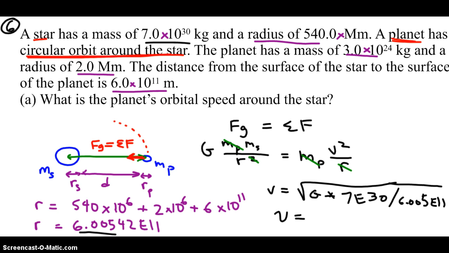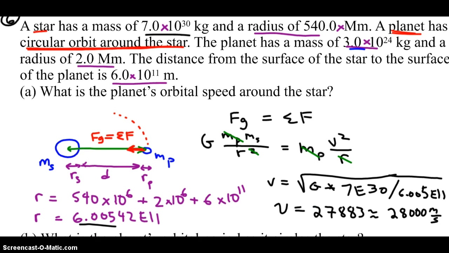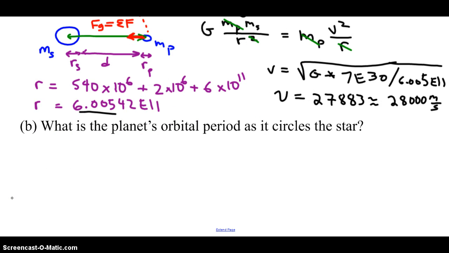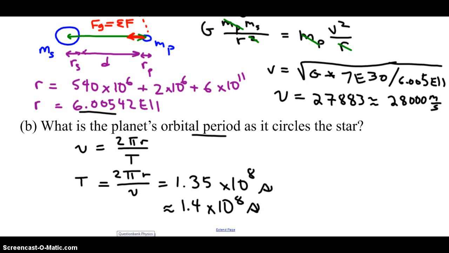So the answer here is 27,883, which rounds to, let's see, the fewest number of sig figs from the givens is 2. So that rounds to about 28,000 meters per second. That's how fast the planet goes. What's the orbit, the period of the planet? We use the same method from before.